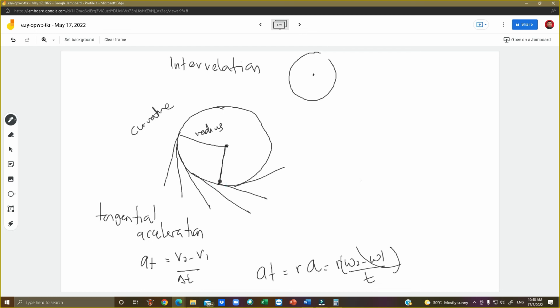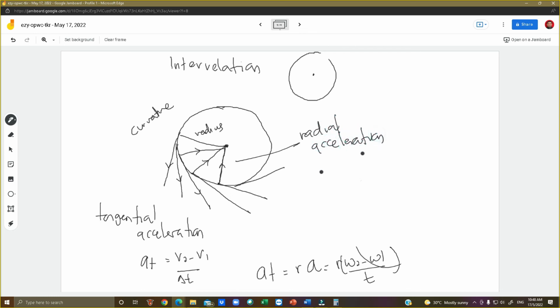Kita akan ada satu acceleration ke dalam. Okay, tangent acceleration, acceleration keluar. So we are going to have one radial inwards acceleration daripada starting of tangent ke dalam, known as radial acceleration.